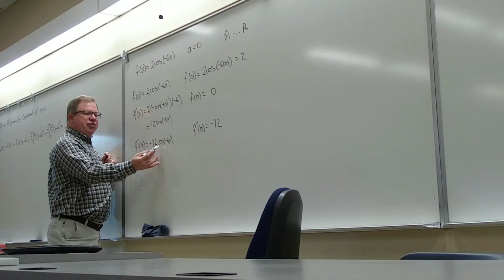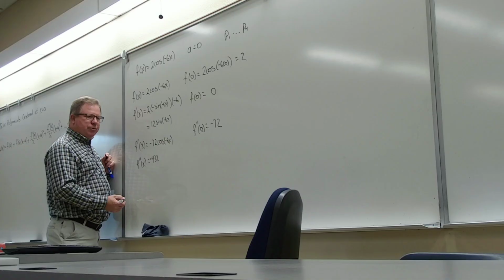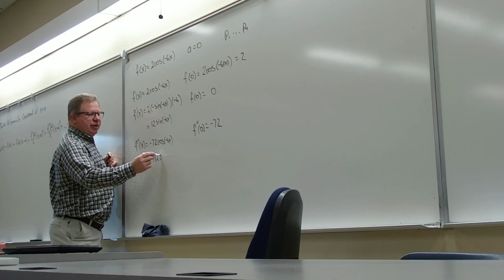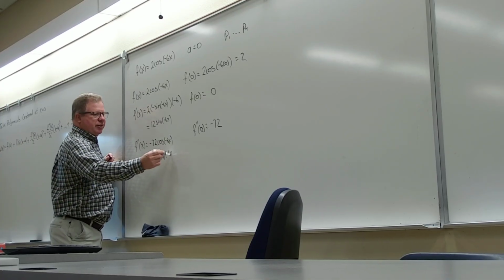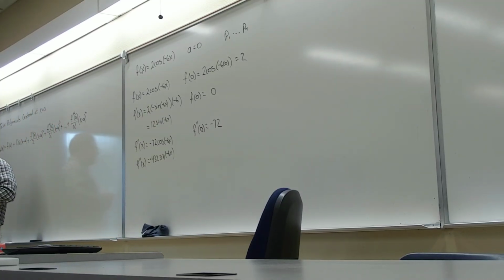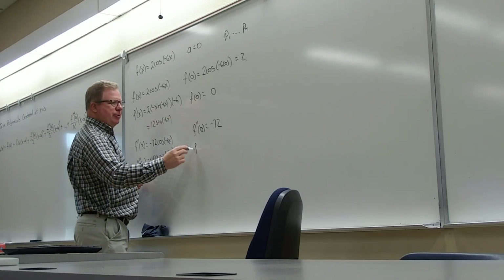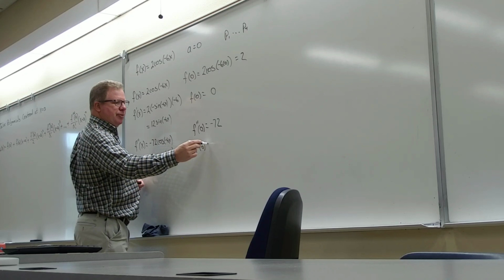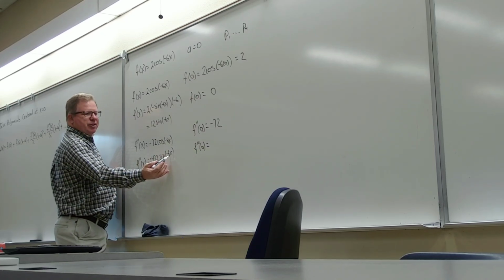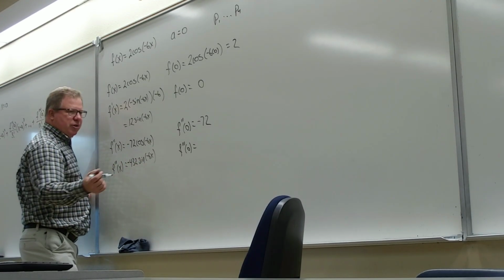Now, the derivative of cosine is negative sine, so now it's going to be negative 432 sine negative 6x. Are we okay with where that negative came from? So f triple prime of 0, sine of 0, if you put 0 in for x, negative 6 times 0 is 0, sine of 0 is 0, everything is 0.